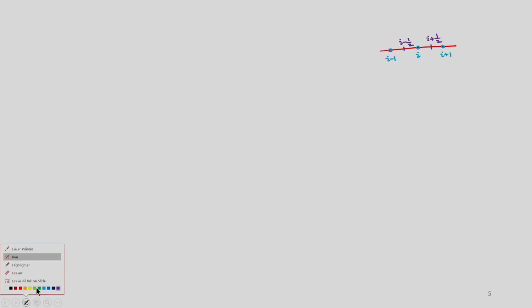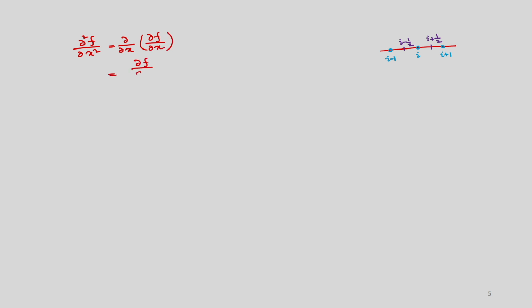So, if you want to represent this second derivative, you can write del 2 f by del x square. Okay. So, you can write del of del x of del f by del x. Okay. So, you can write del f by del x, you can use a central difference. So, I plus half minus del f by del x I minus half. So, it is your central difference, okay, about the point I divided by.